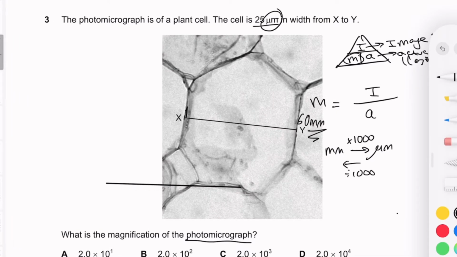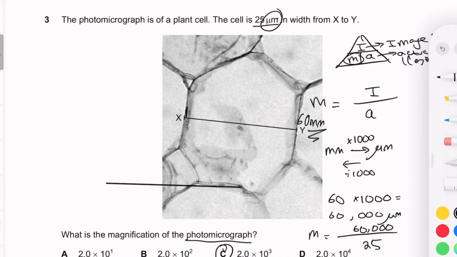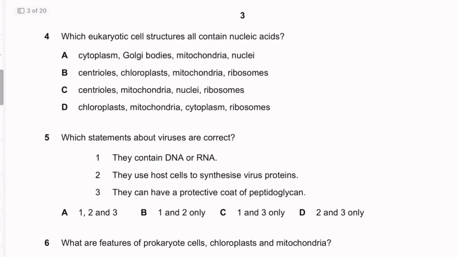So we're going to multiply 60 by 1000 to get 60,000 micrometers. To get the magnification, 60,000 divided by the actual length, which is 25, gives me a magnification of 2.4 times 10 to the power of 3, or 2400. The answer is C.